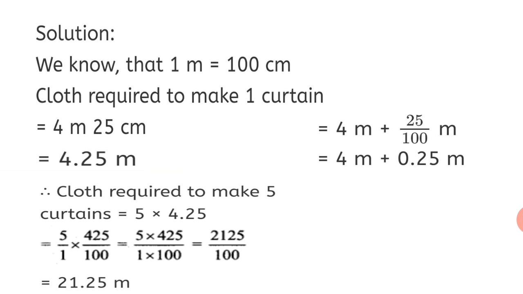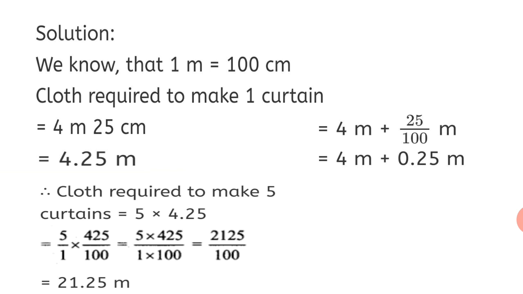Therefore, the cloth required to make 5 curtains. See, if for one curtain she requires 4.25 meters, then for 5 curtains we will have to multiply by 5. So the cloth required to make 5 curtains is equal to 5 into 4.25.